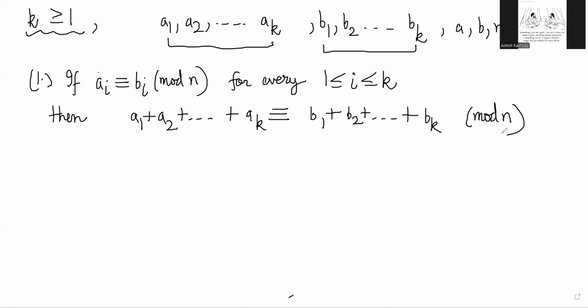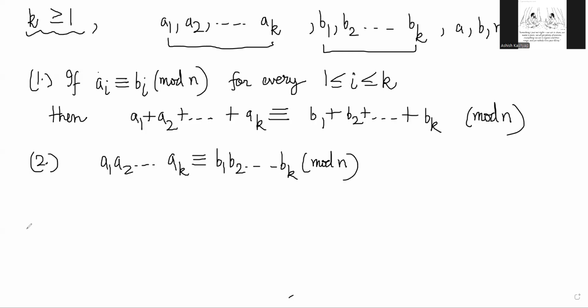So basically, it's an extension of the earlier property which was valid for two terms, right? So then the second one is similarly the product of all of them will also be congruent to the product of all of them, mod n. Correct?